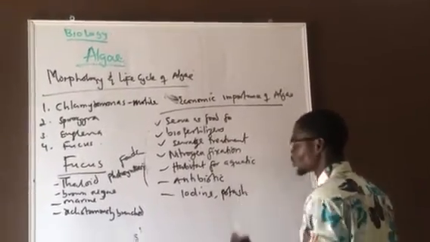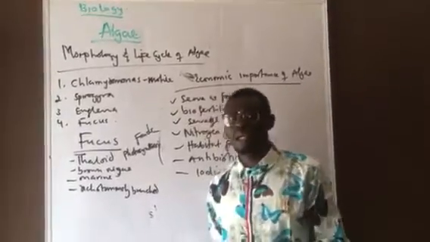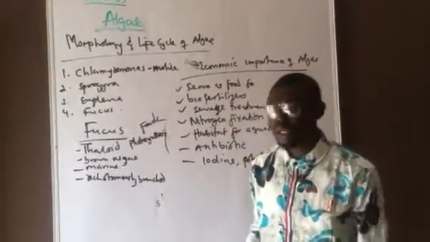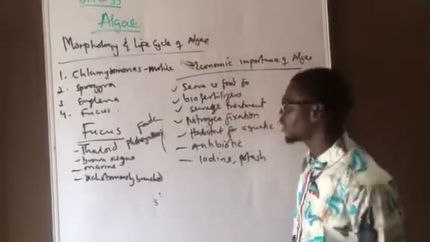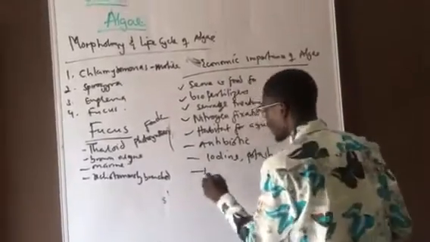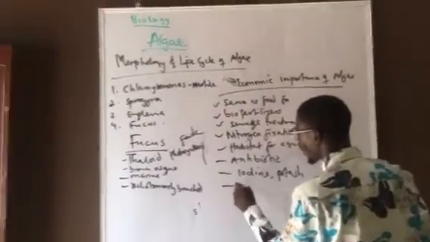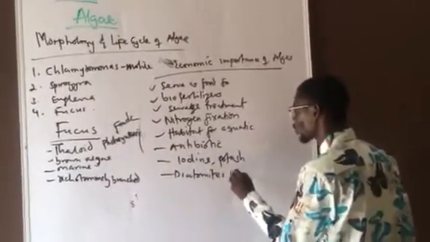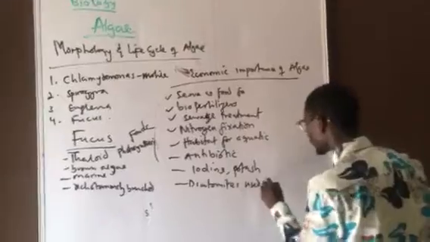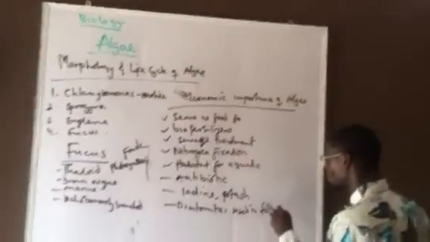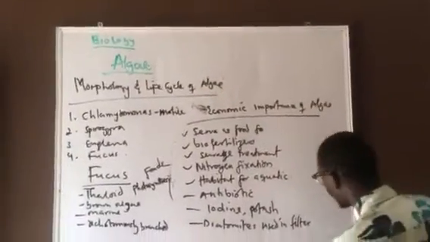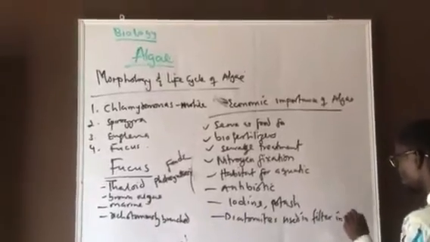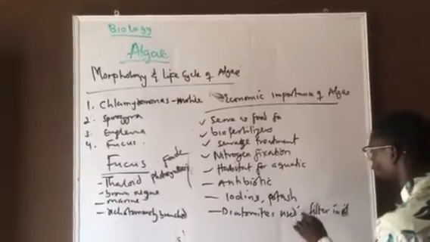They can be used in industry. They can also be used in the filtering of oil. The diatomites from diatoms are used as filters in oil.